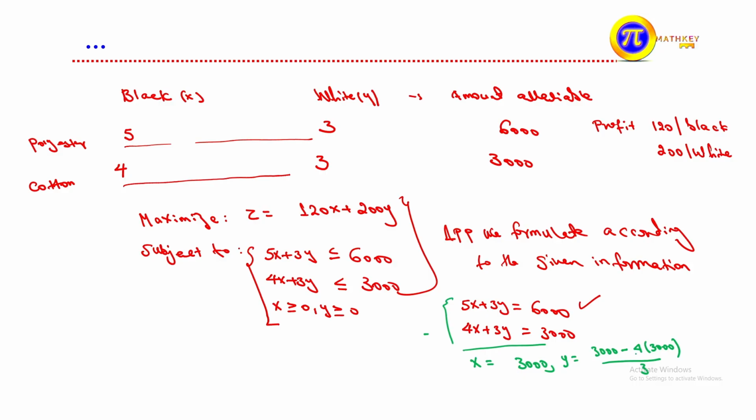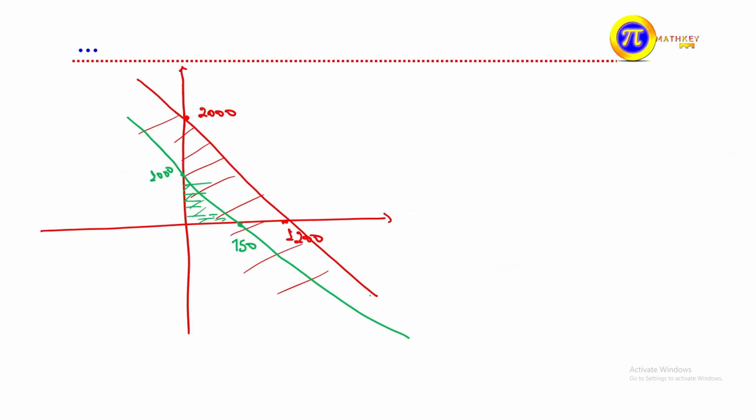When you take 3000 common, it is 3000 times 1 minus 4. 1 minus 4 is negative 3, so negative 3 times 3000 is negative 9000, divided by 3, which equals negative 3000. So here they intersect somewhere around this point.